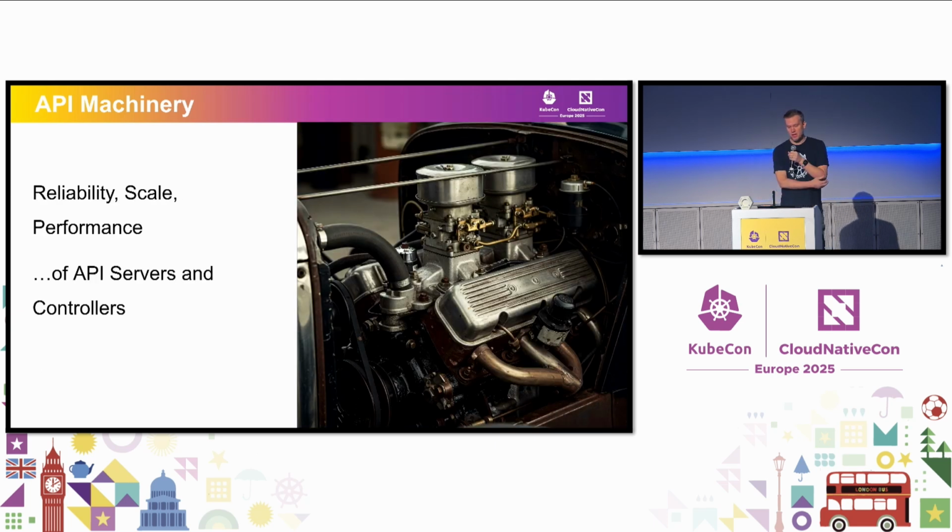Beyond that, we take responsibility for the reliability, scale, and performance of most of the control plane. SIG Scheduling takes responsibility for the scheduler specifically, but when it comes to the controller managers and the API server, a lot of that falls on us. We also share that with SIG etcd, which is an awesome new SIG that we have.